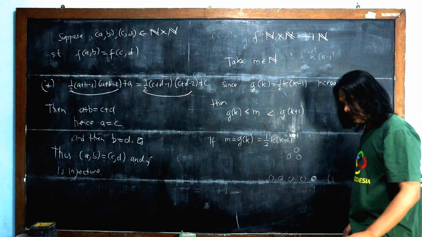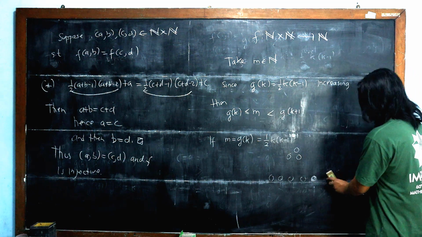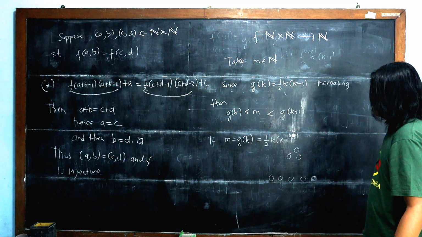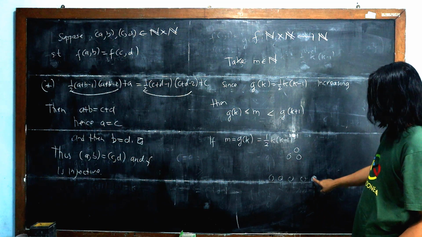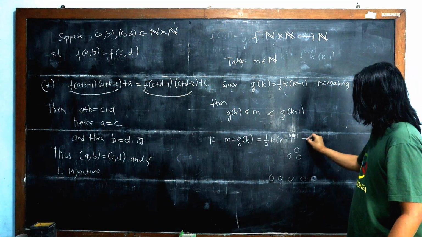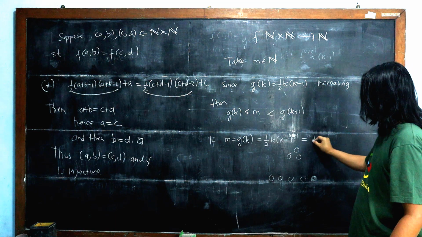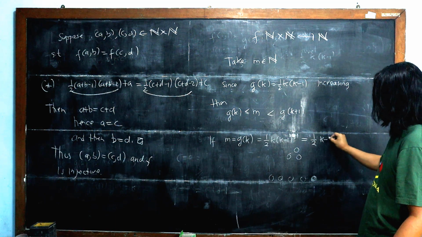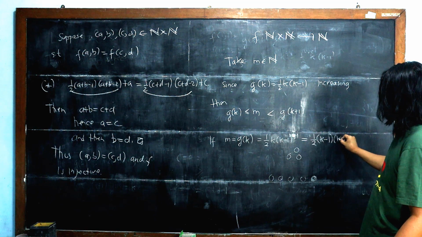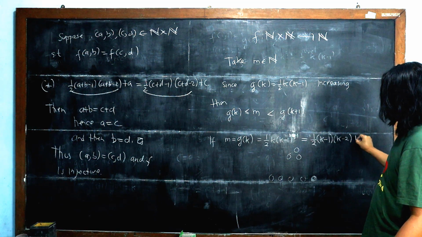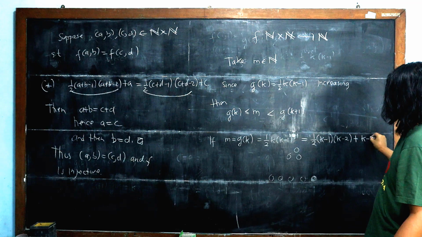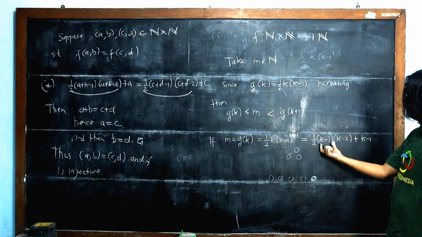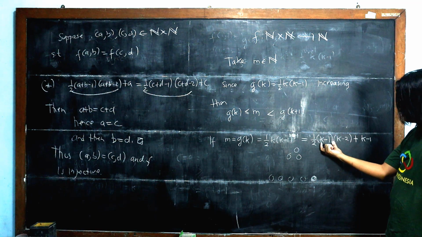So what do we want to see then? So this number is equal to half of (k minus 1) times (k minus 2) plus (k minus 1). Okay? We can check that if we factor out k minus 1.